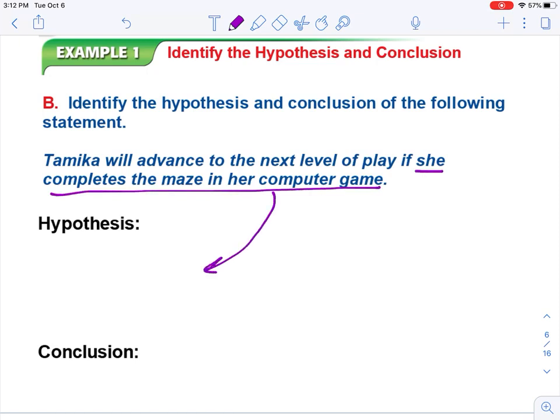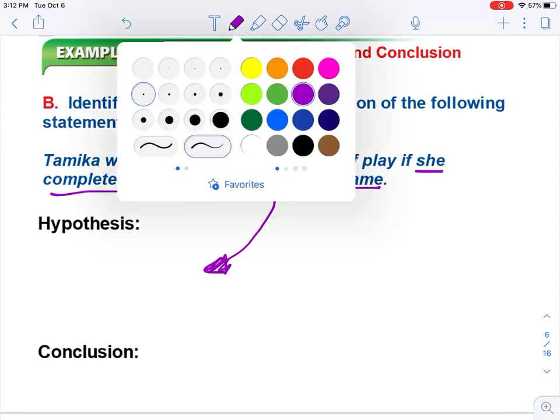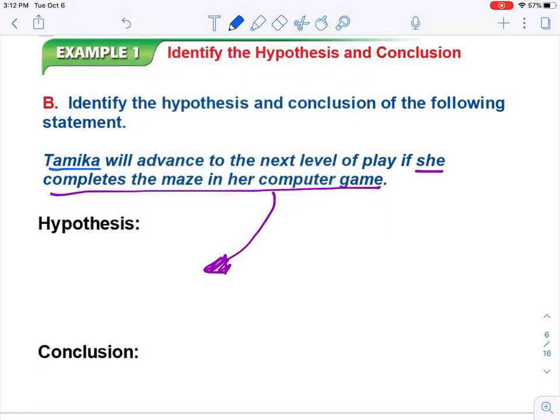And if you think about games, if you complete something, then you will probably head to the next level. So Tamika will advance to the next level of play is the conclusion. Now there isn't even the word then there. You just have to infer that because the hypothesis has happened, the conclusion, moving to the next level, will happen as well. Okay?